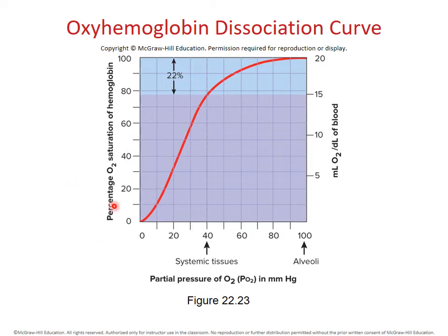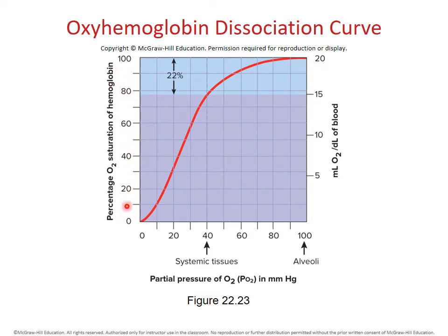And remember, hemoglobin can range from 0% saturation, where it has no oxygen bound to it, essentially deoxyhemoglobin, all the way up to 100% saturated, where the hemoglobin has 4 molecules of oxygen bound to it. So on this y-axis, we're talking about the percent saturation of all the hemoglobin in the blood.